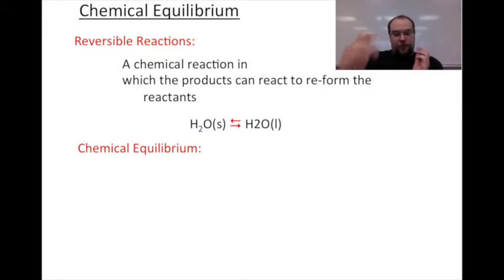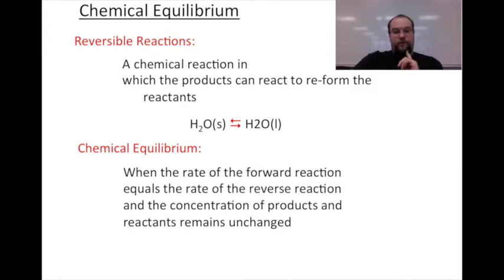It becomes really important that we know the chemical equilibria. An equilibrium is when the rate of the forward reaction equals the rate of the reverse reaction. We used to say that the reaction stops. If the forward reaction and the reverse reaction are in equilibrium, meaning the rates are the same, essentially you don't see anything, and we say that reaction has stopped.